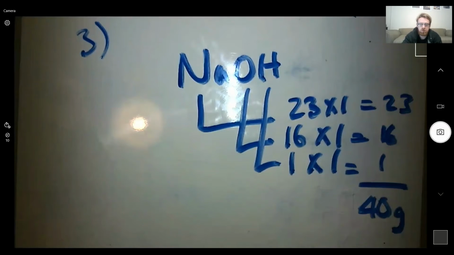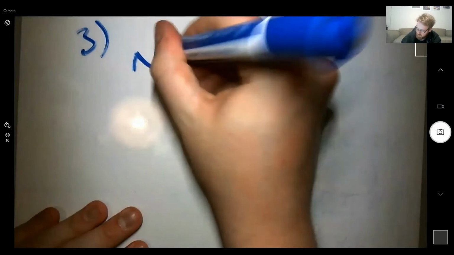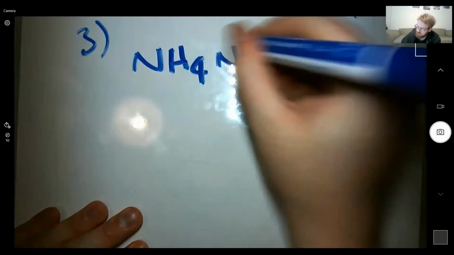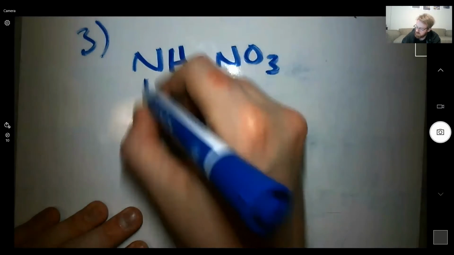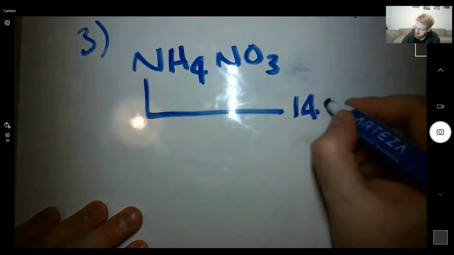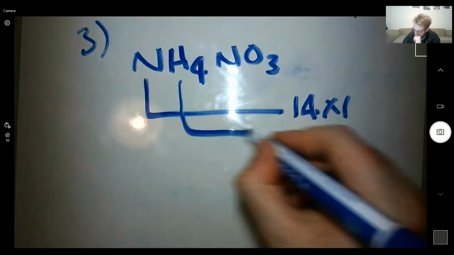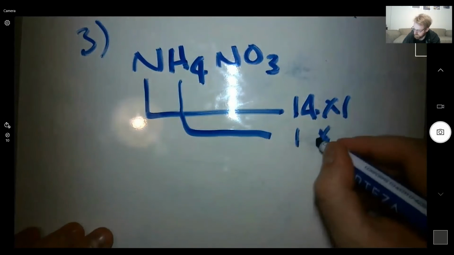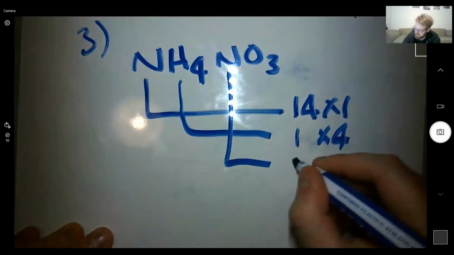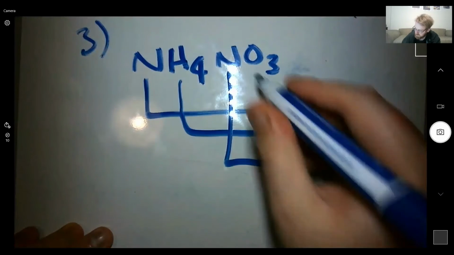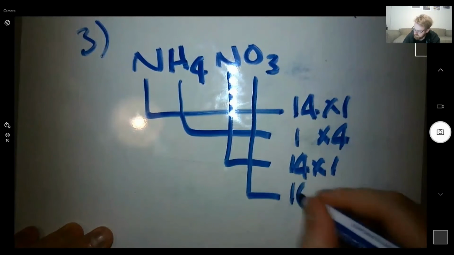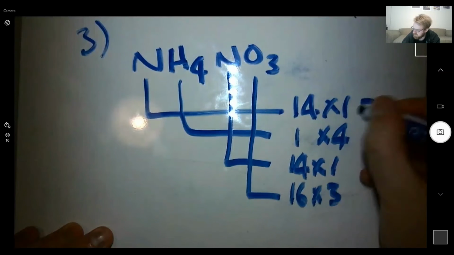Okay, final one is NH4NO3. I do know all of these, that's exciting. So nitrogen has a mass of 14, there's 1 there. Hydrogen has a mass of 1, and there is 4 of them. Nitrogen again has a mass of 14, there's 1. 16 times 3.